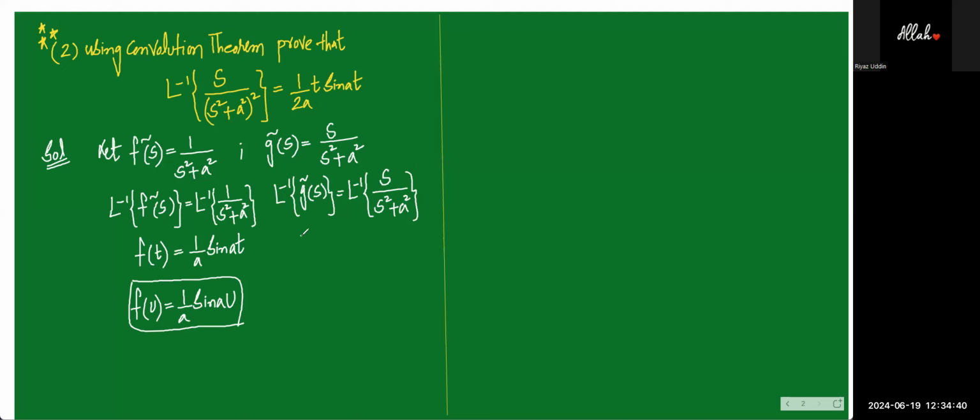This is g of t by the given statement, and this value is cos a t by the formulas of Laplace inverse. Now we require g of t minus u value. So wherever t is there, cos a t can be written as cos a into t minus u.